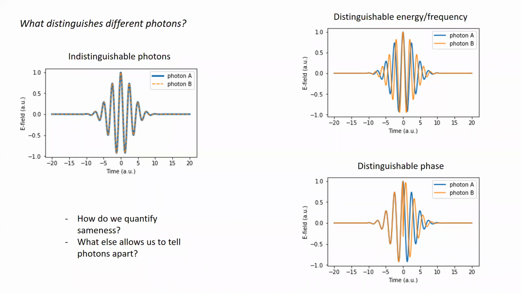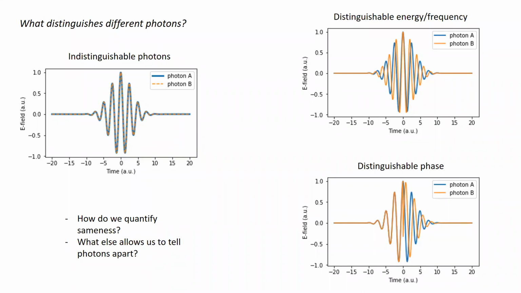Obviously in this picture, our photon wave packets have a distribution in time and also space if you're looking at the space domain. There's a region over which the value of the field is non-zero, and you would not need to have them exactly on top of each other to get this effect.